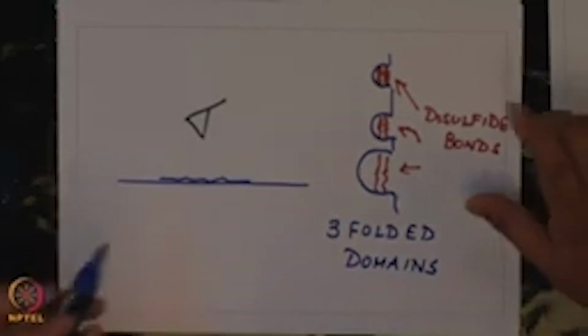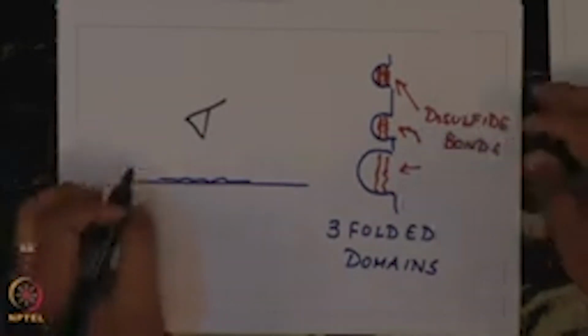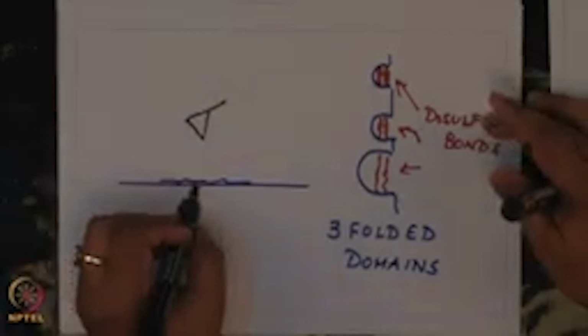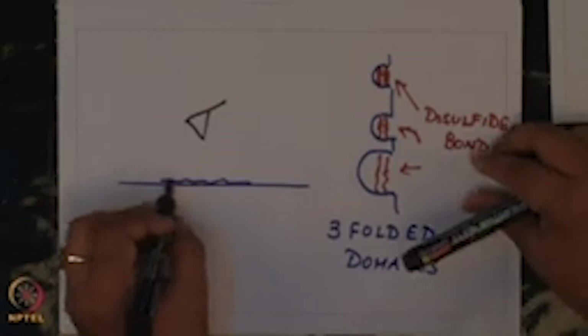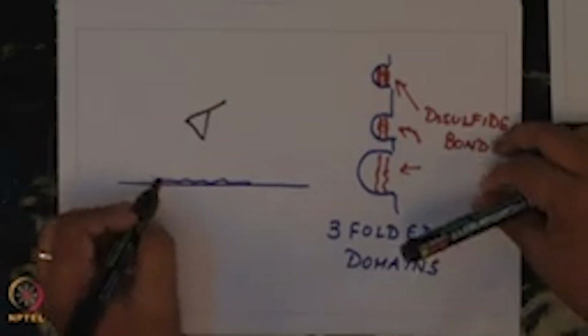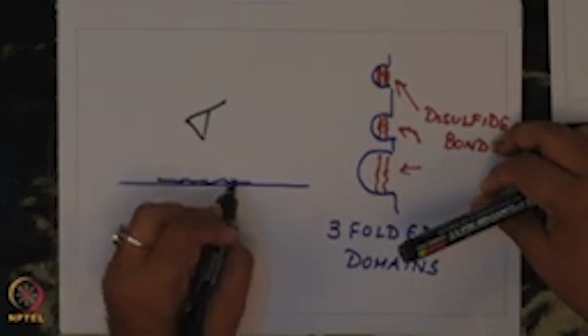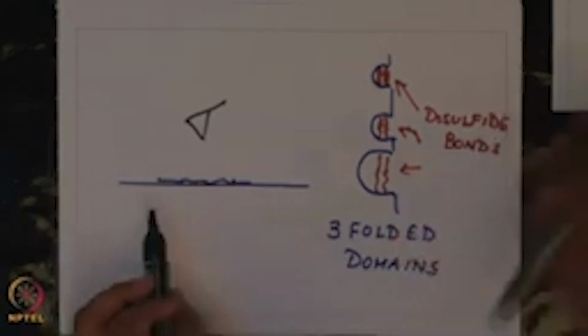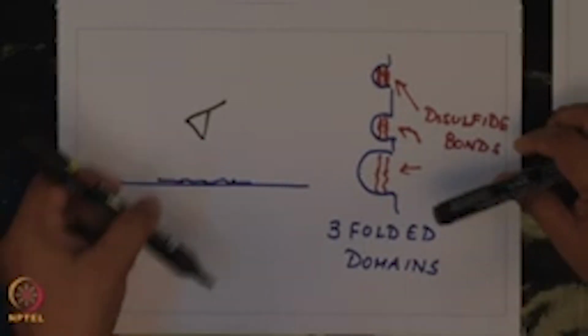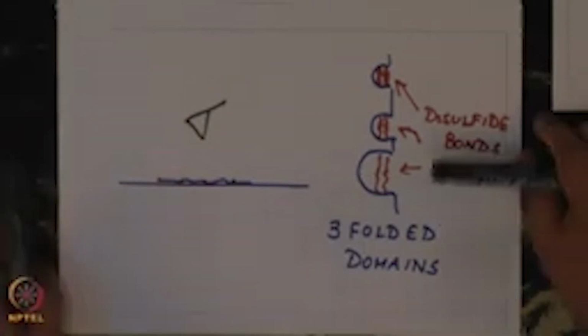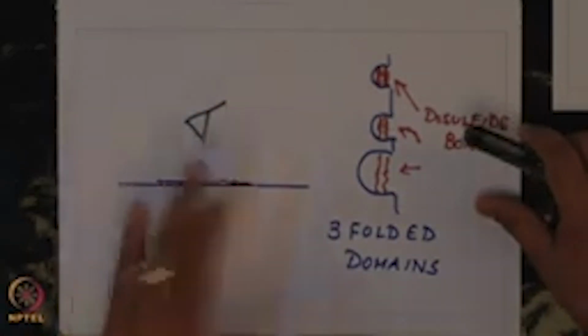Let us assume your tip, so where the tip touches the protein is not in your control. The tip might hit the protein from this point, from this point, from this point, from this point. So, you have no control where the tip actually touches the protein. Imagine that the tip actually came in contact with the protein at some point.